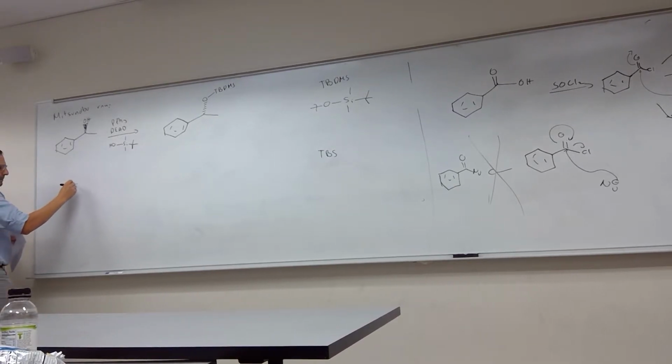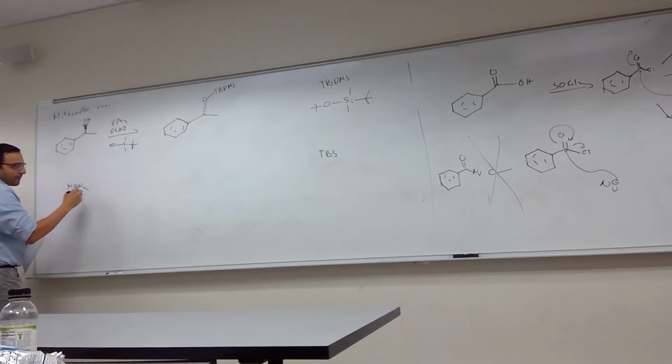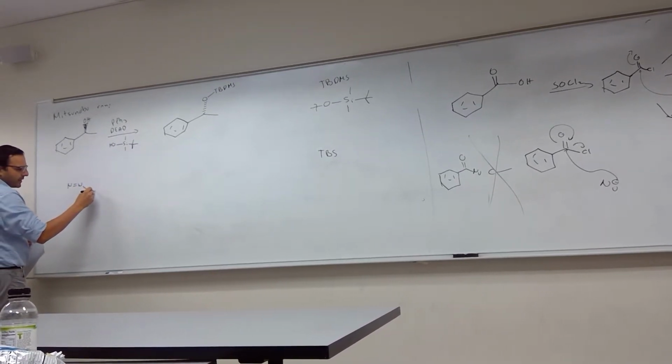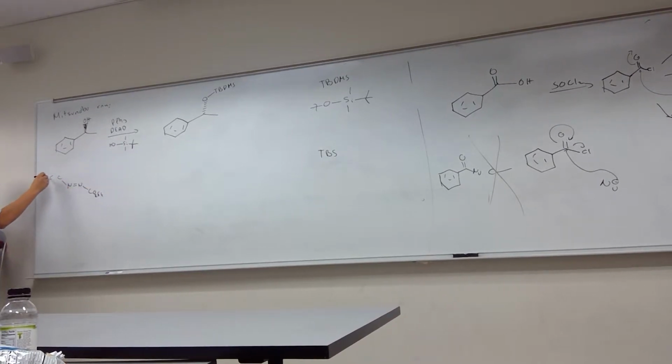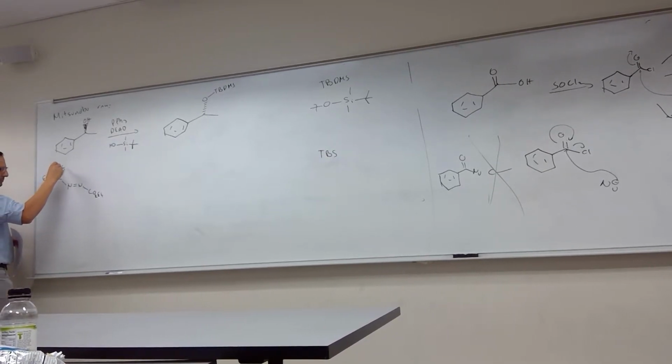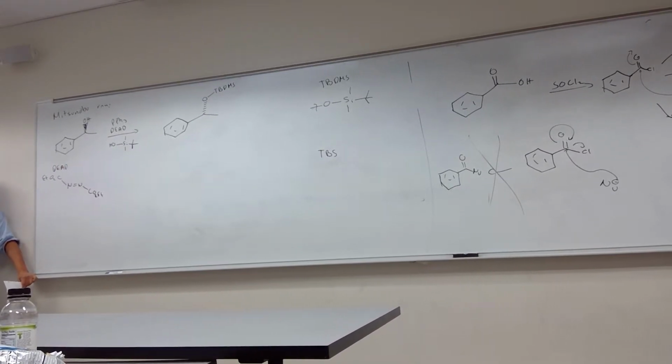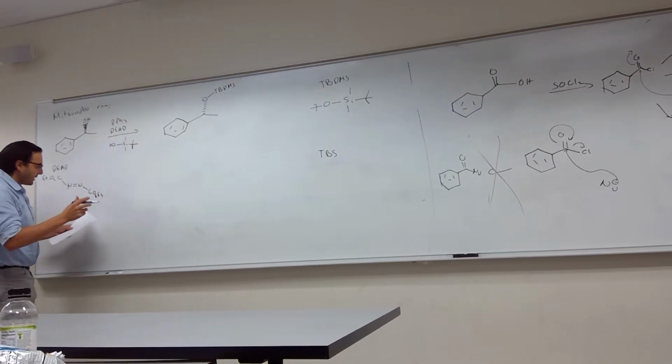So TDS. So this is DEAD. This is the carbonate. So that's the carboxylic acid. The carboxylate, sorry, this is your reagent with your diazo compound in this particular case.